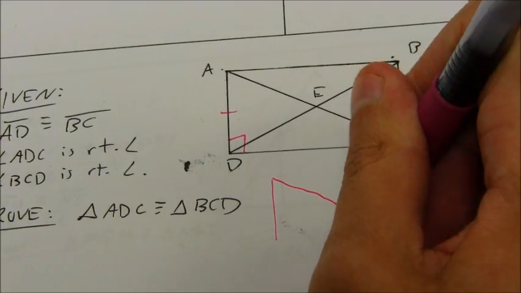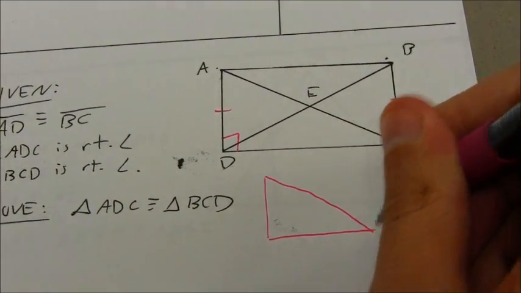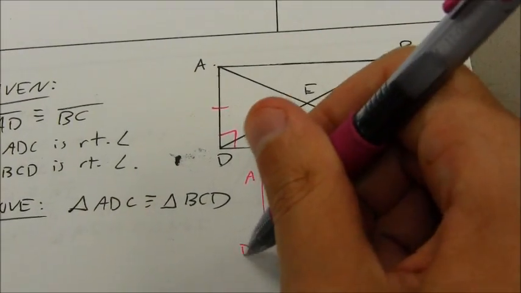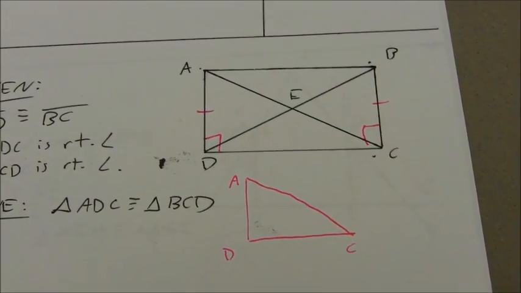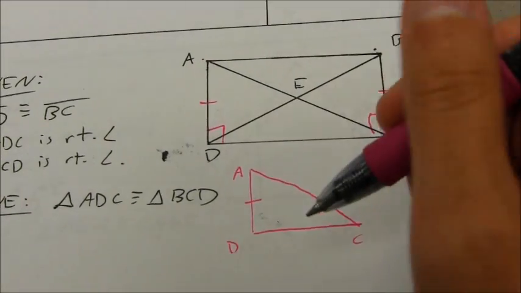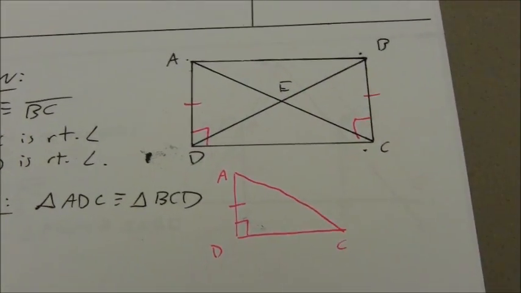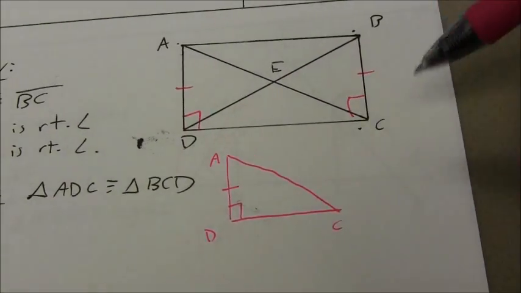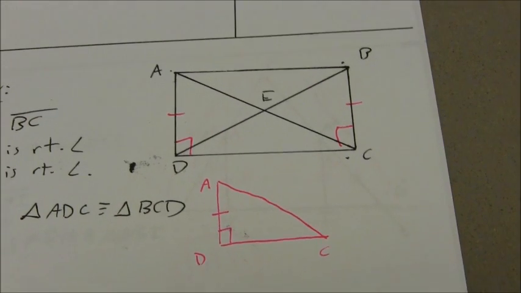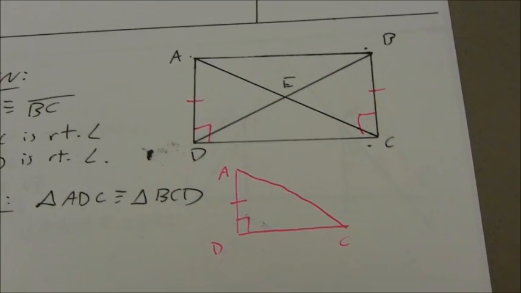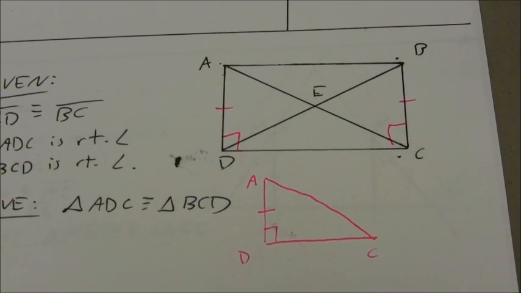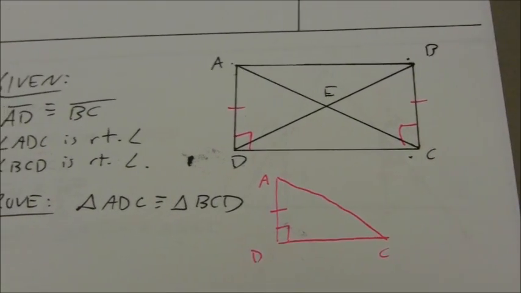In fact, I'm going to draw ADC again. Notice for ADC, again, I do my separate drawing here. I have this segment marked. I have the right angle. Right now, even though it kind of looks like there's something marked over here, that's the whole angle for the triangle BCD. So I need more markings here for these triangles to be proved congruent.